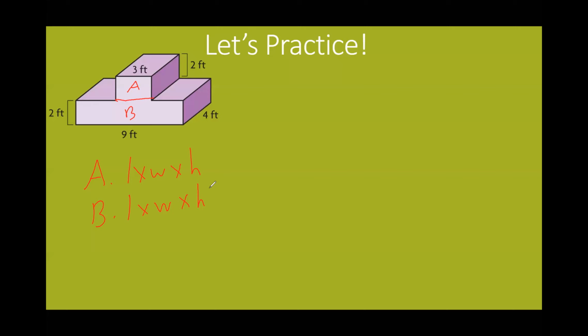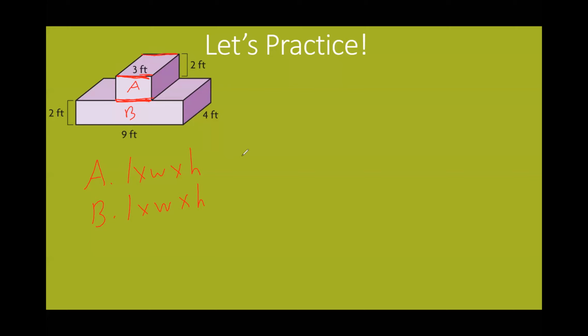So let's look at A. What's the length of A? From left to right. I don't see a measurement there. I see one here. This one says 3. So what's this one going to be? 3. Because your length does not have to be just on the bottom. Your length is going to be bottom here, or top, or even over here.